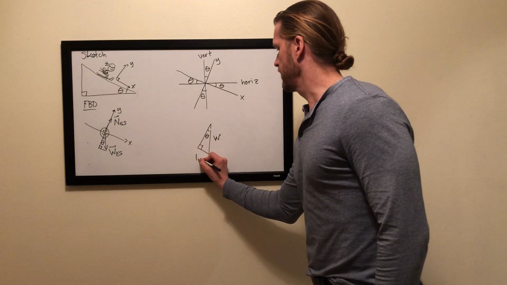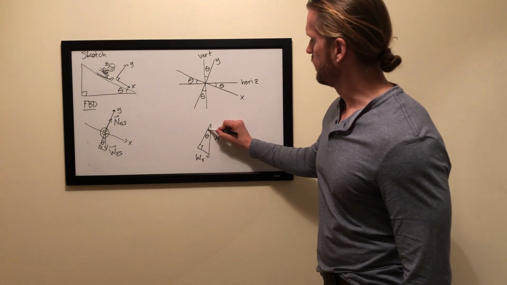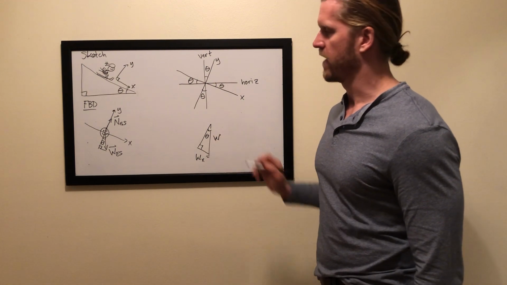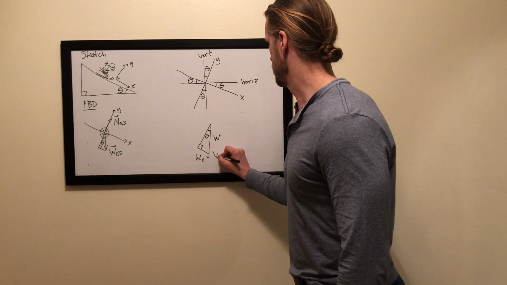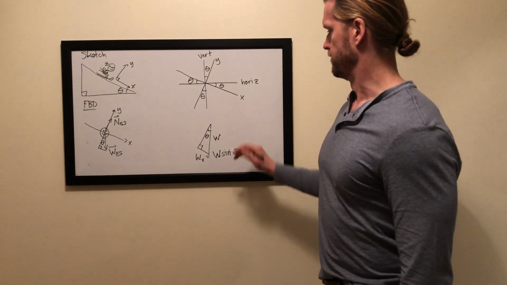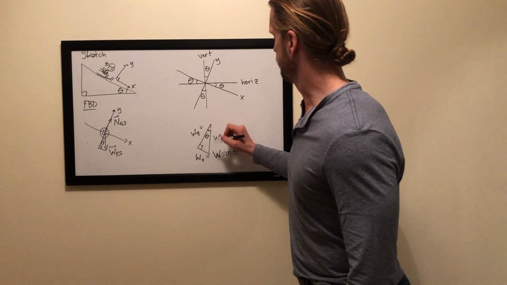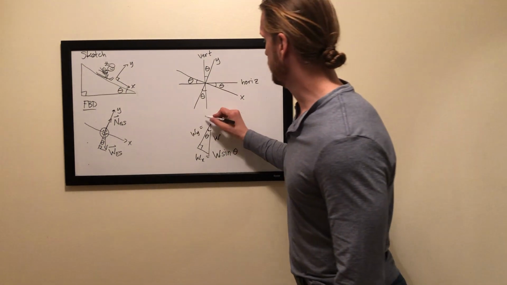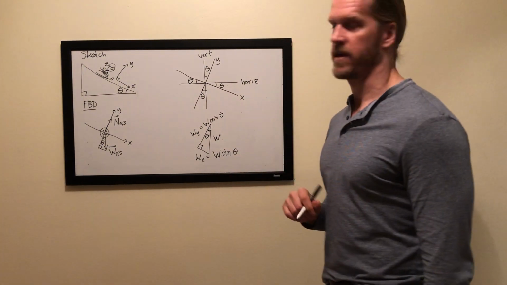Here's Wx. Notice that is the opposite side of this right triangle to the angle, so it gets sine. And the y component is adjacent to that angle, so it gets cosine.